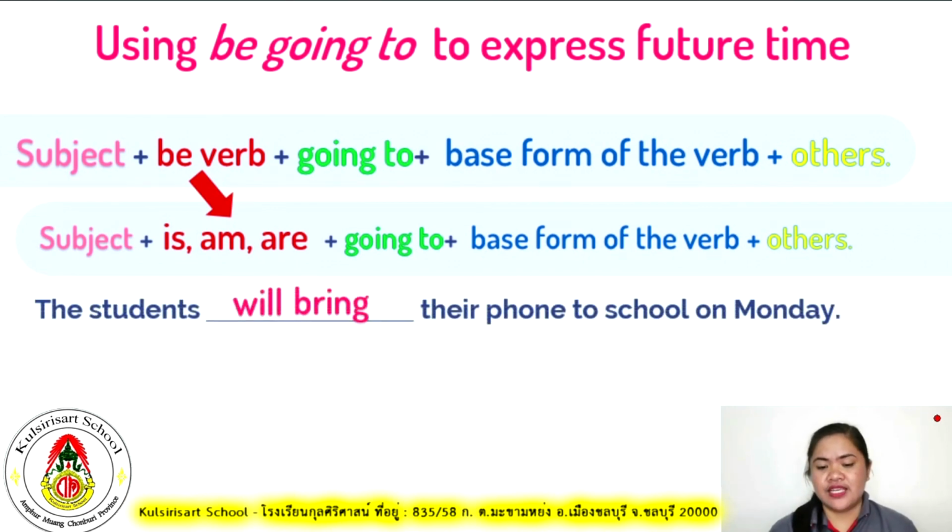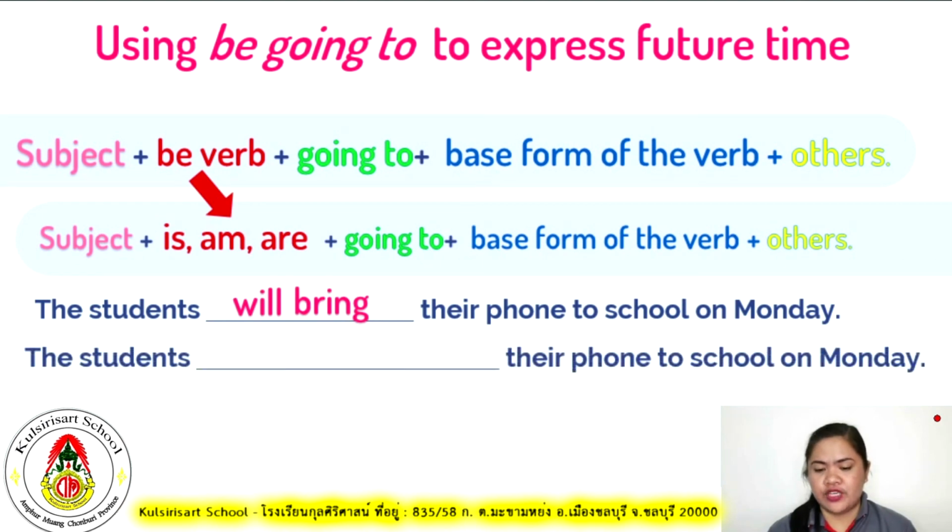Next. The students will bring their phone to school on Monday. This is the usage of will to express future time. Now, let's transform it to the usage of be going to. It will become, the students, plural. So we're going to use are and then going to.